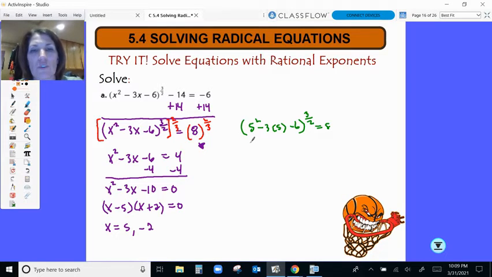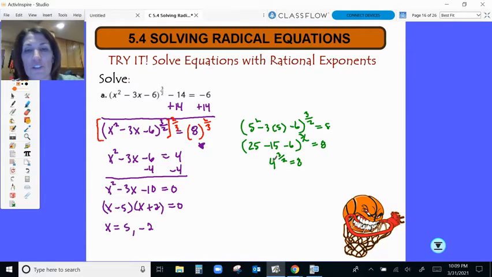All right, so that's 25 minus 15 minus 6, all to the 3/2 equals 8. 25 minus 15 is 10, and 10 minus 6 is 4 to the 3/2. That equals 8. So then we have the square root of 4 is 2, and 2 cubed is 8. So that's 8 equals 8.